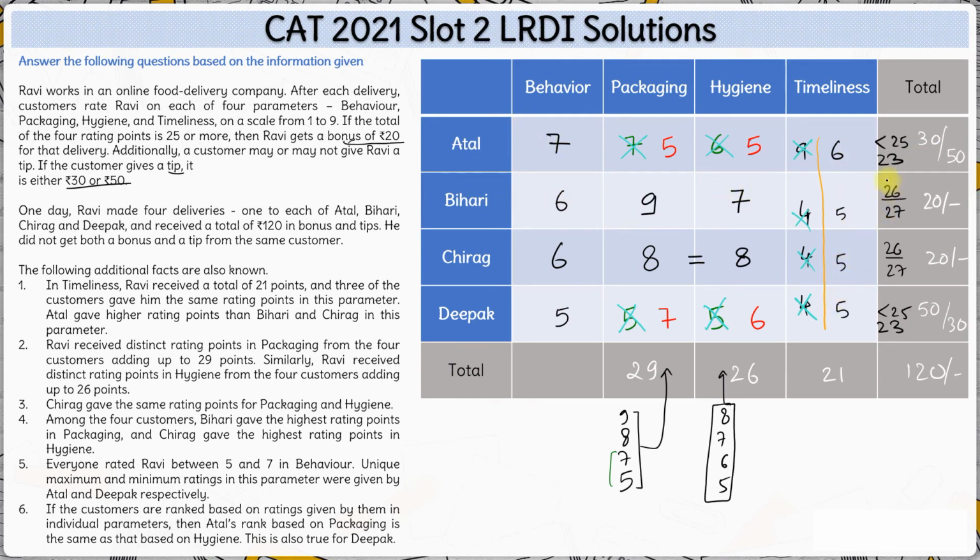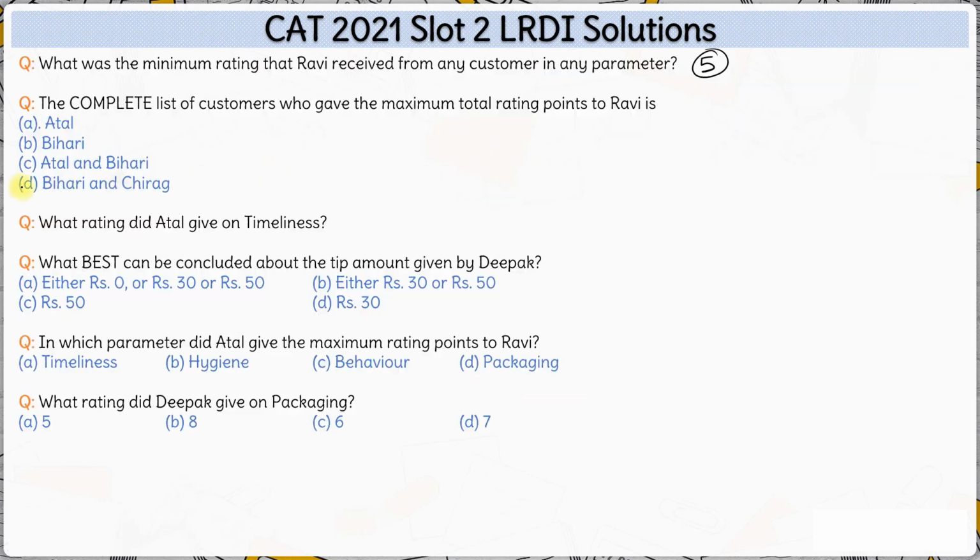In that case, Bihari's total rating points will be 6 plus 9, 15, plus 7, 22, plus 5, 27, and the same is the case for Chirag, 6 plus 8, 14, 22, plus 5, 27, and for Atal and Deepak the ratings are 23. So the highest rating points are given by Chirag and Bihari. Okay. So this will be option D, Bihari and Chirag here.